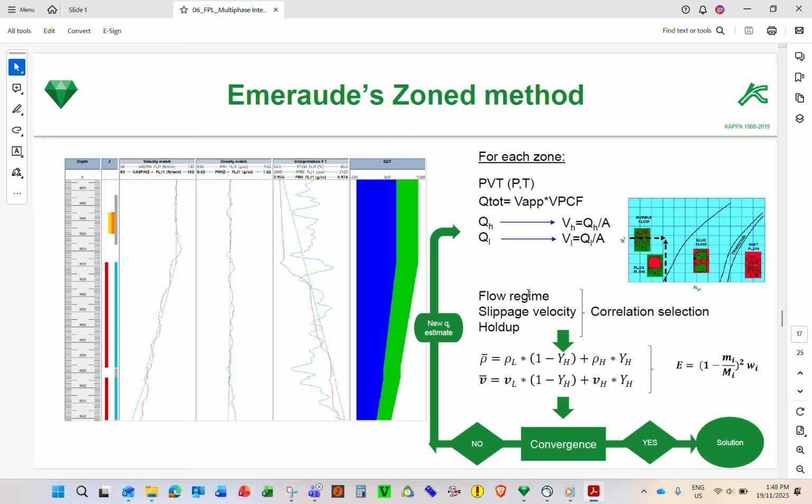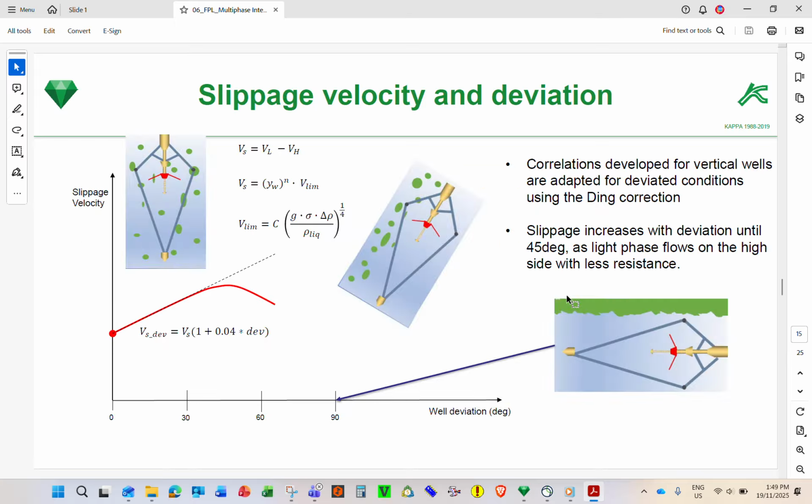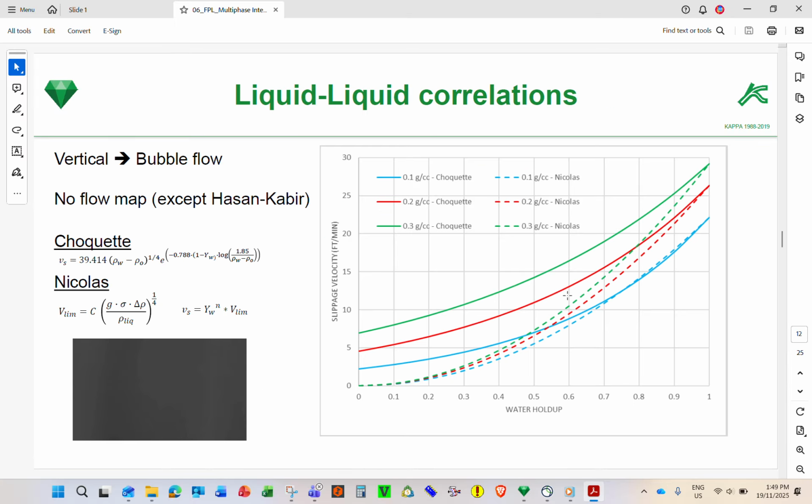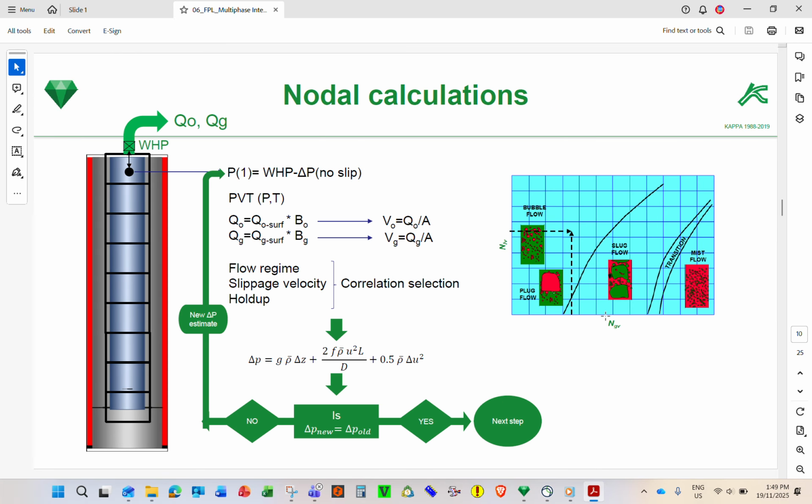After the slippage velocity, we know the liquid and gas velocities, and then we know the flow regime. So we calculate VH, from VH we have QH, and from the top you can get QH.